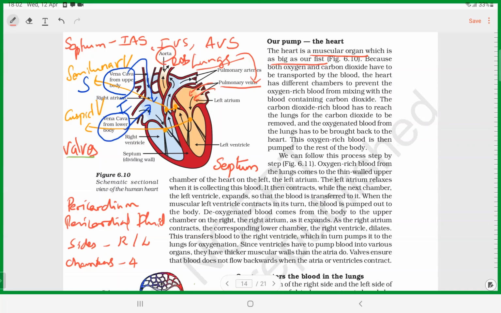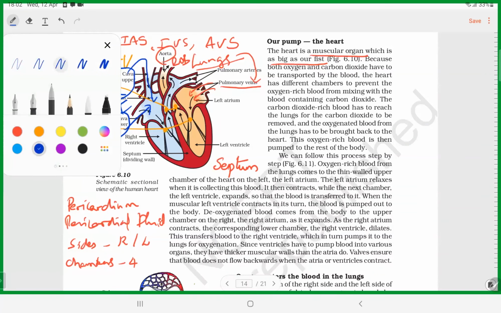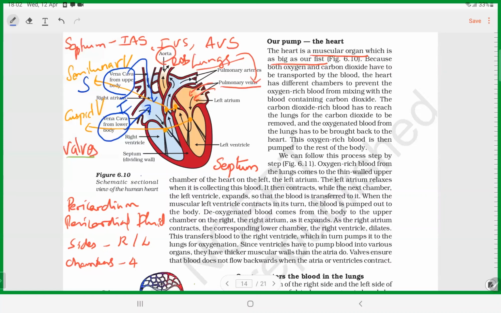Here from the right side, the deoxygenated blood, where does it go? From the ventricle, you can see the two exit points, where does it go? To the lungs. What is it actually? Pulmonary artery.